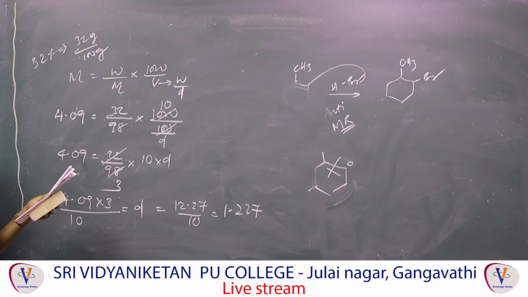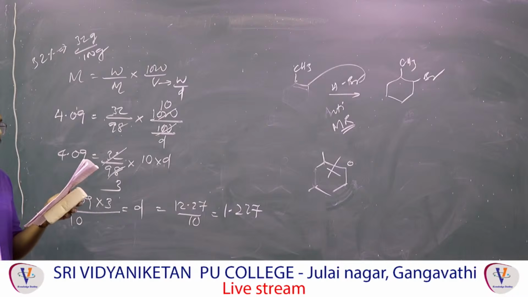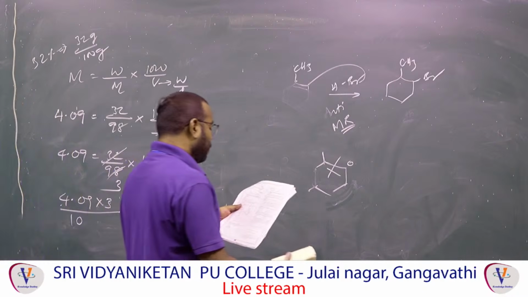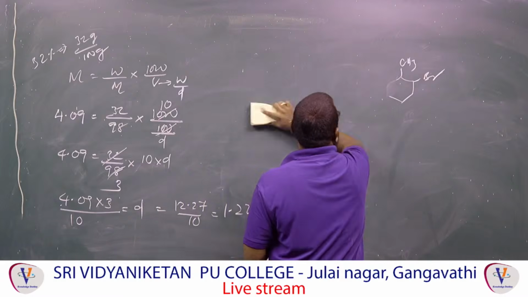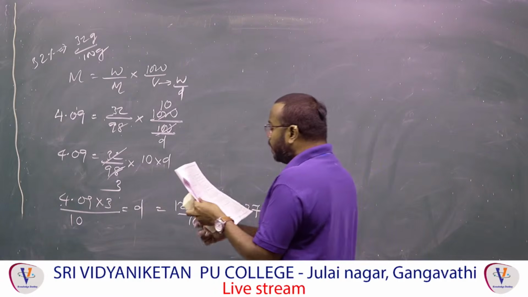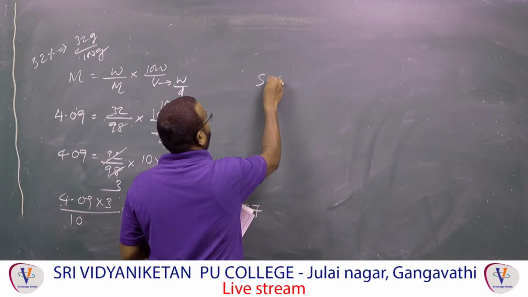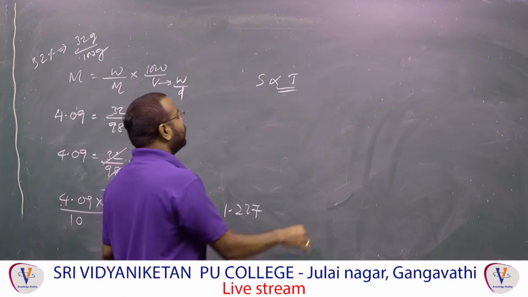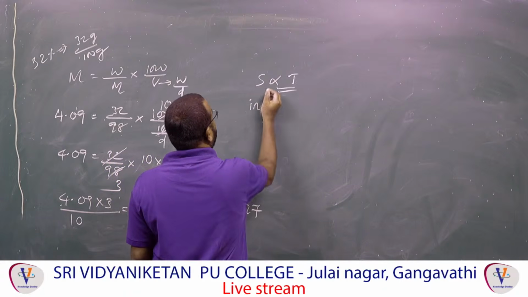E. The graph of solubility versus temperature for dissolution of most of the inorganic salts is linear with negative slope, is what we are given. Graph of solubility versus temperature for dissolution of most of the inorganic salts.